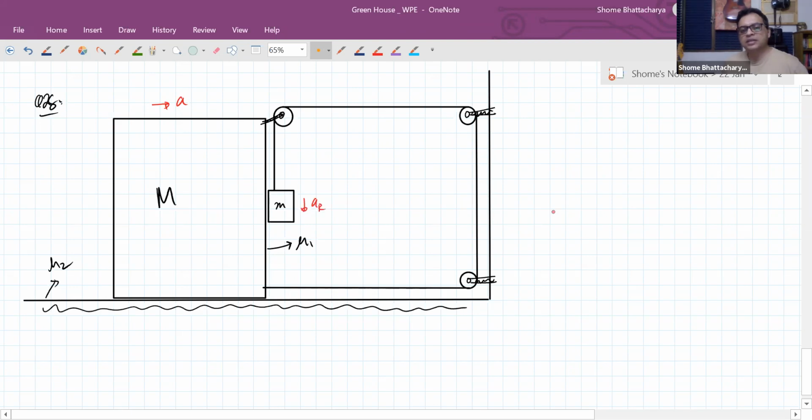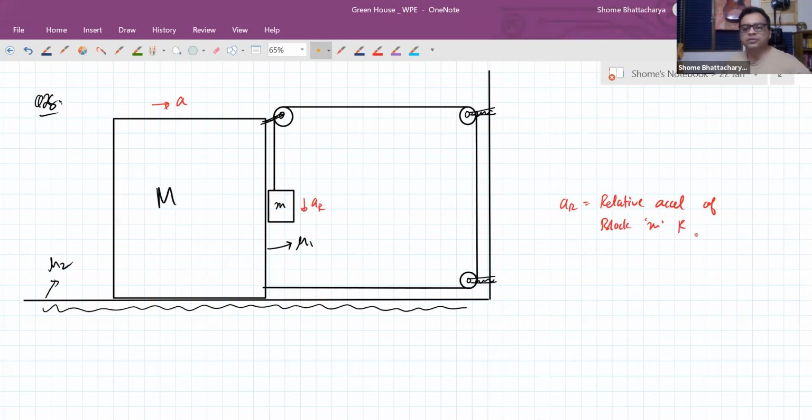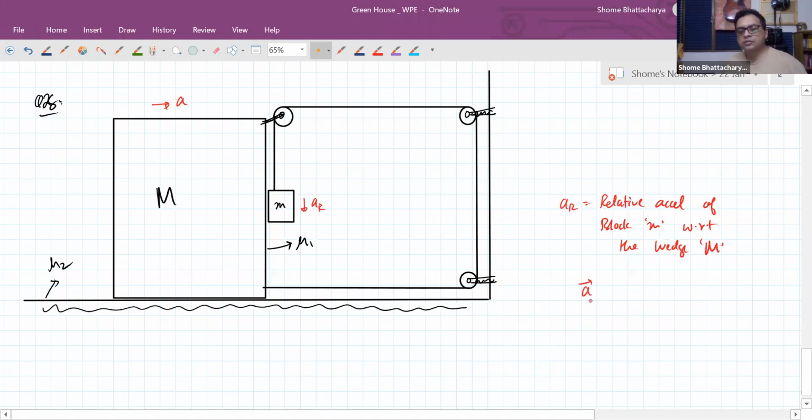So we'll write this as A_R. It's a relative acceleration. It is the relative acceleration of the block small m with respect to the wedge capital M. Okay, so the acceleration of small m with respect to capital M, that is this, minus A_R j cap, if you take x and y axis.